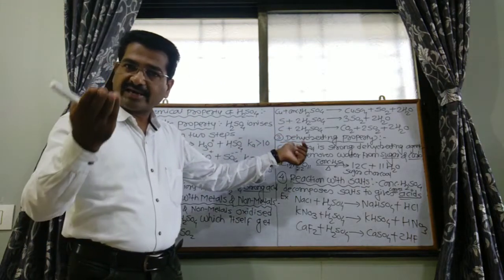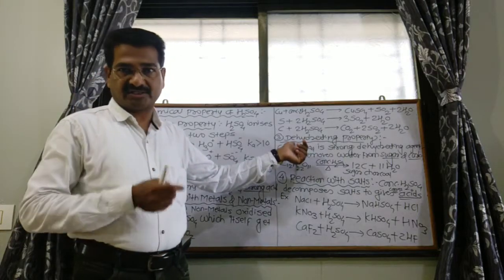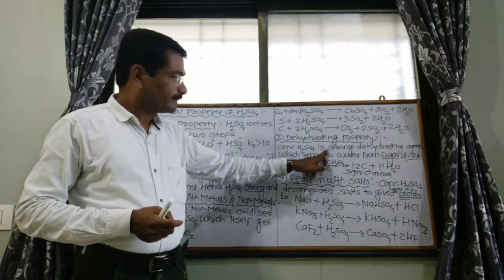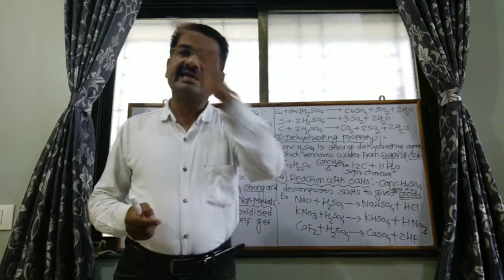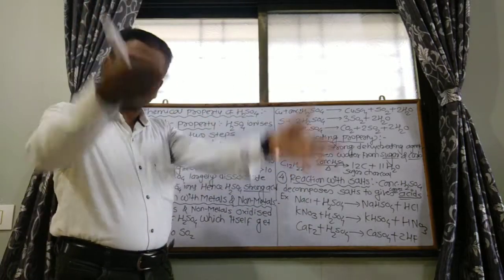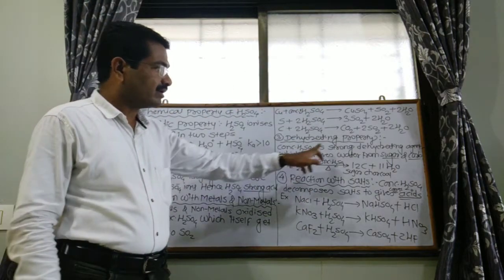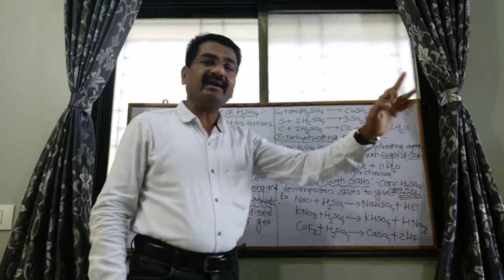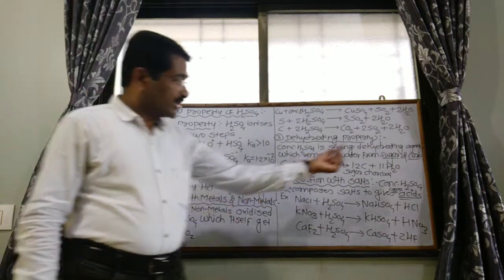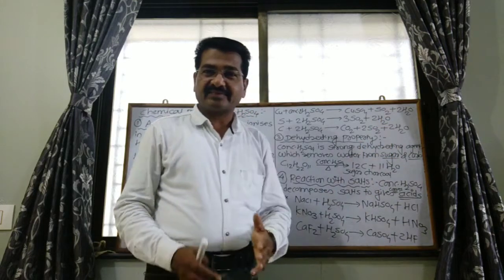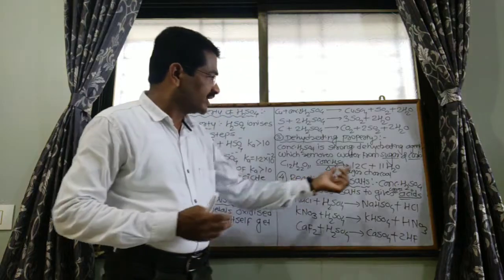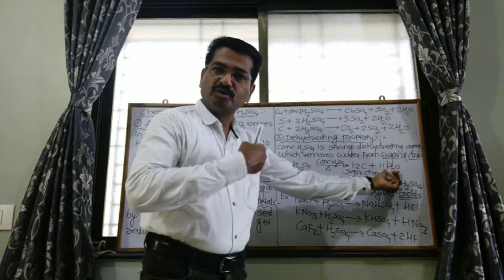So H2SO4 can act as a dehydrating agent. How? Concentrated sulfuric acid is a strong dehydrating agent when it reacts with a number of substances, removing water from sugar and carbohydrates. When sugar or carbohydrates are heated with concentrated hot sulfuric acid, the water is removed.